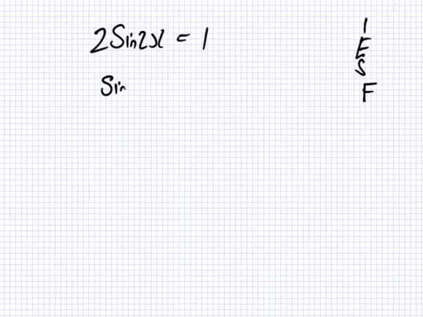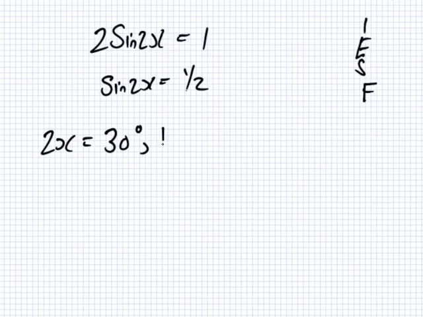So we get sine 2x equals a half. What's sine inverse a half, please? Is it 30 or is it 60? It's 30. Okay. So the second answer is 150. How do I make two more answers?